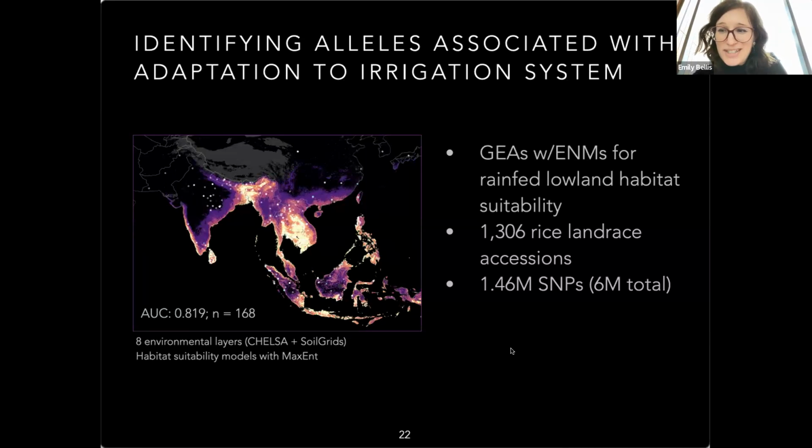We then, just as we did for striga and sorghum, carry out a genotype environment association analysis where the predicted habitat suitability for rain-fed lowland environment is our response variable, and this is using a fantastic data set of more than 1,000 rice accessions. And then we've got a subset of SNPs here that overlap with one of the panels that we are looking at for validating some of these loci in experiments.